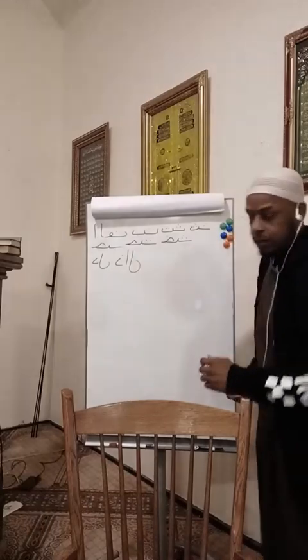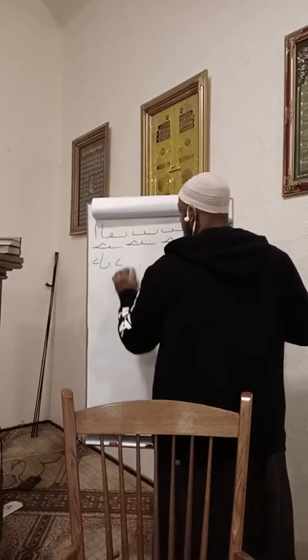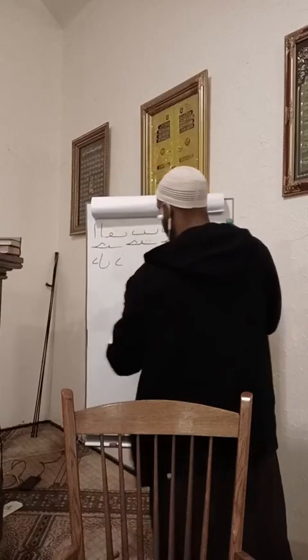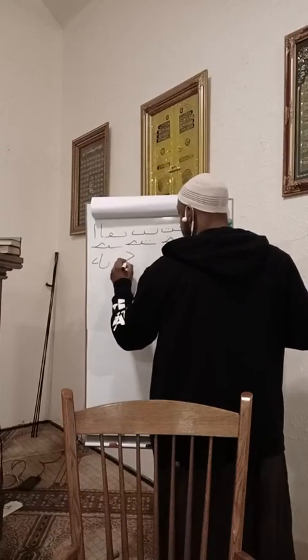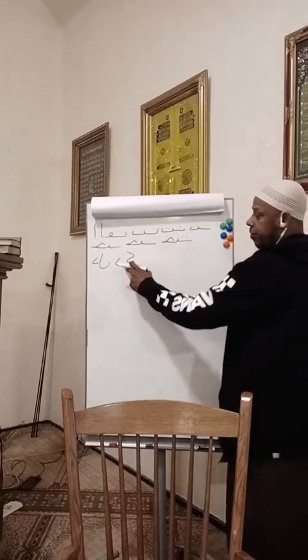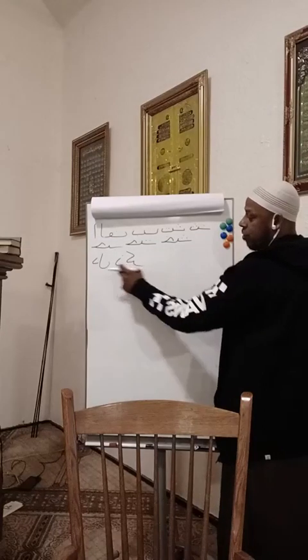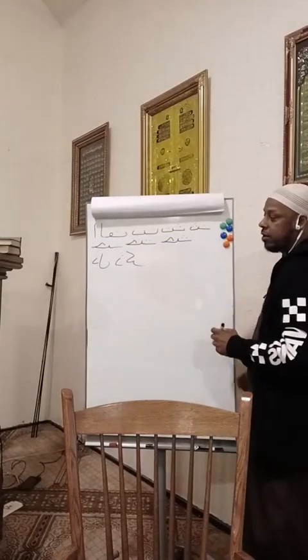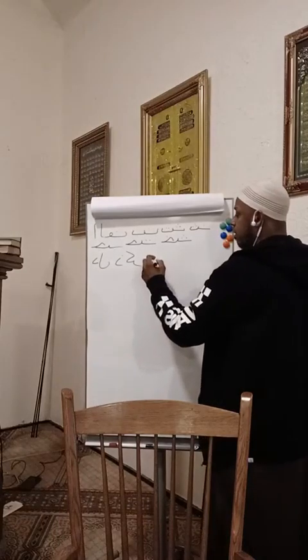Or you can take, for example, the word. The vowel doesn't connect. You can come into it, but you can't go out of it. Right? And then we have raw. Right?